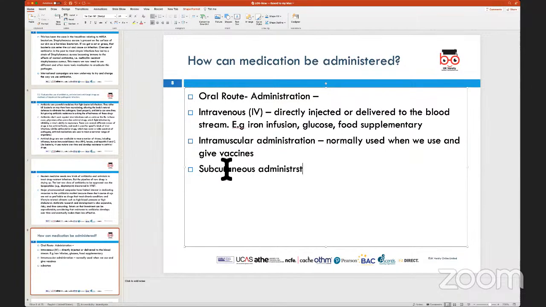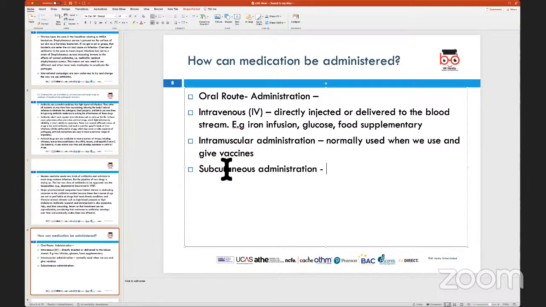Then you also see subcutaneous administration. Subcutaneous administration of a drug is when it is injected beneath your skin's surface into the fatty tissue. People who have diabetes are sometimes given insulin, and the insulin is injected directly into the fatty layer. It could be given in your stomach, your arm, near your neck, or in your shoulder muscles.